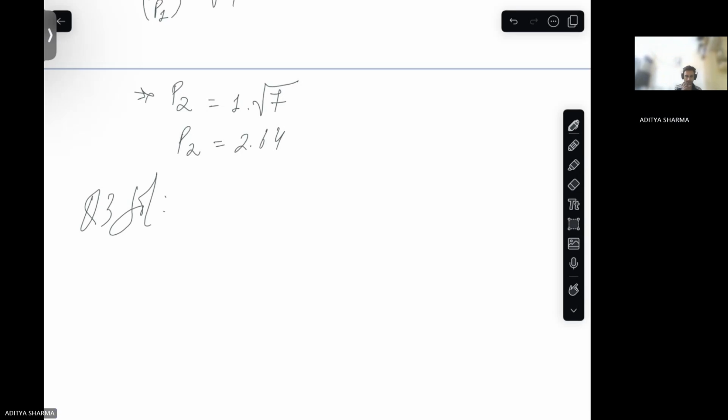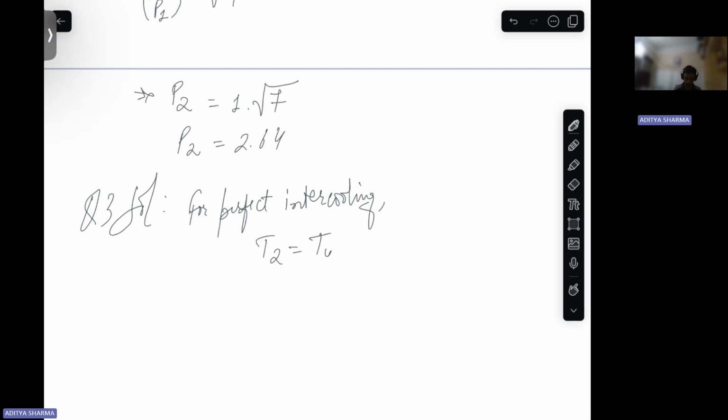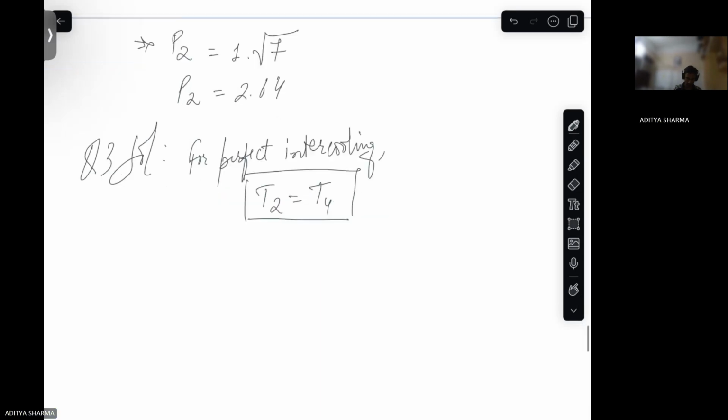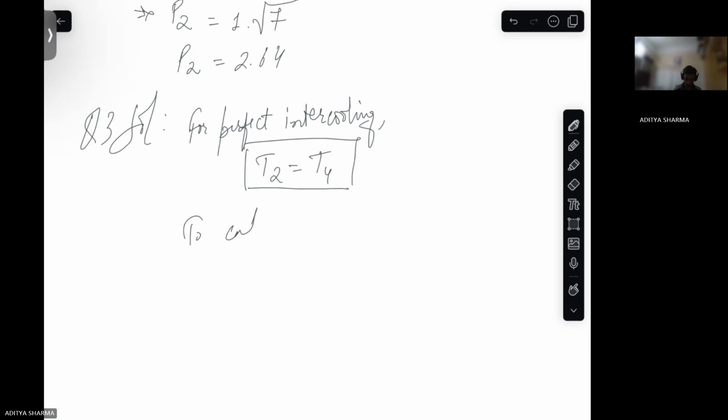So for perfect intercooling, T2 is equal to T4. Now to calculate T2, what can we do?